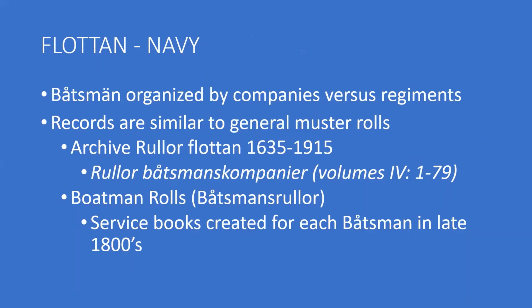And the records are similar to the general muster rolls, but it's a little bit different search here. You have to go to the archive Flottan for 1635 to 1915, and then the volume Boatman's Company, volumes 1 through 79. And then we also have boatsman rolls for the latter part of the 1800s, where there were service books created.